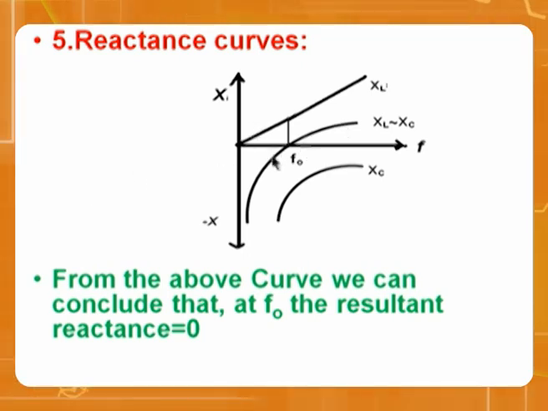Then what is happening at resonance? At resonance, the reactance becomes 0, which means the phase angle is 0. When phi is 0, cos phi, which is called power factor, is 1. In one IAS exam, they were trying to trick you and check whether you know the difference between phase angle and power factor.